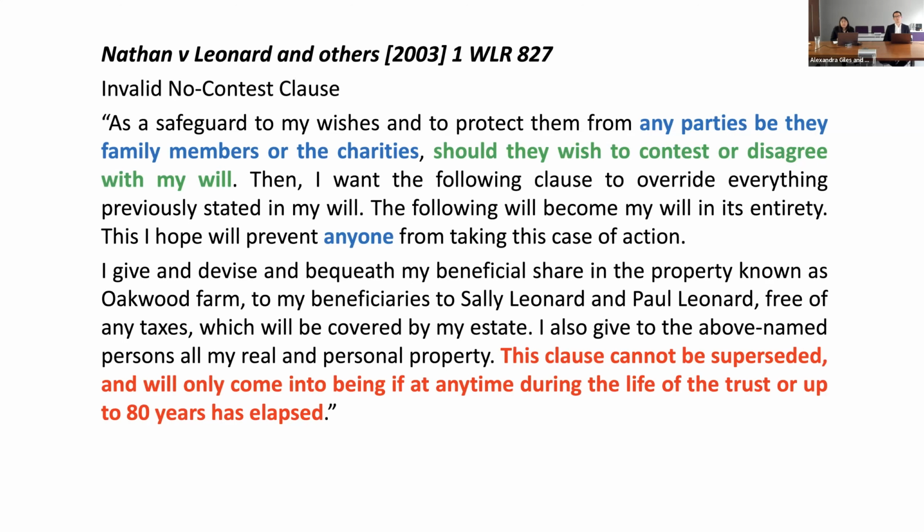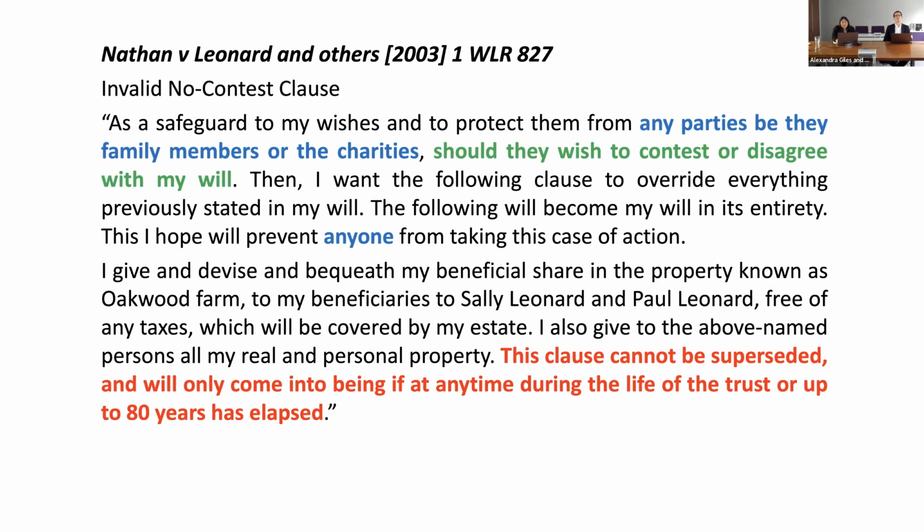And so, considering this, he found that she would have only contemplated a challenge coming from Andrew or one of her other children, Martin or Robert, or indeed the charities. So the definition of a family member or the charities was sufficient in his mind to show that those are the types of people she was expecting to make a challenge, and they're the ones that are going to suffer.